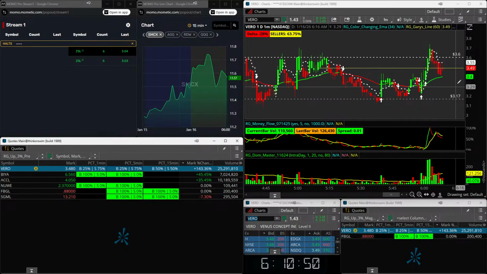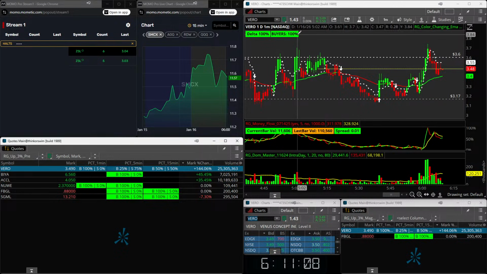So when we're watching a stock taking off and this candle is green and these labels are green, if you watch these percentage numbers up here, it tells you approximately what the percentage of the buyers and the sellers are within that one candle. 80 seems to be the magic number.